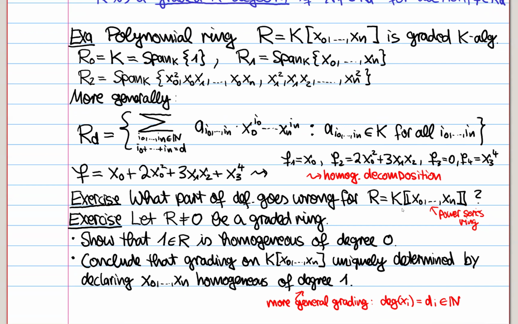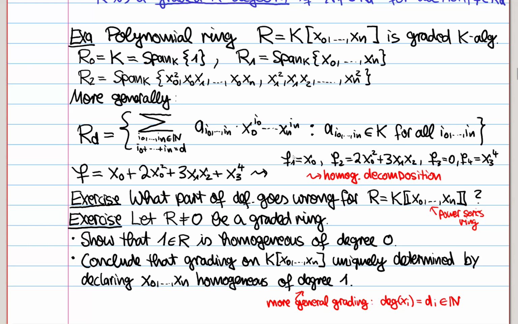And then the second thing, if you have R non-equal to 0 a graded ring, we can confirm some of our intuitions, namely 1 inside R is homogeneous of degree 0. We kind of expect that 1 should be something like a constant. If you know that, then you can conclude the grading on this polynomial ring above.